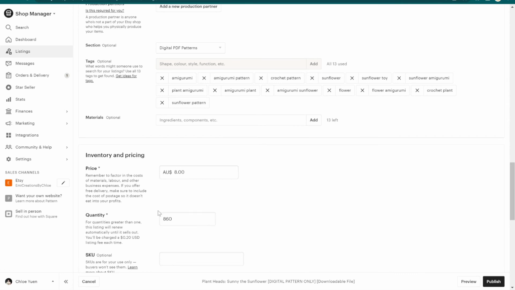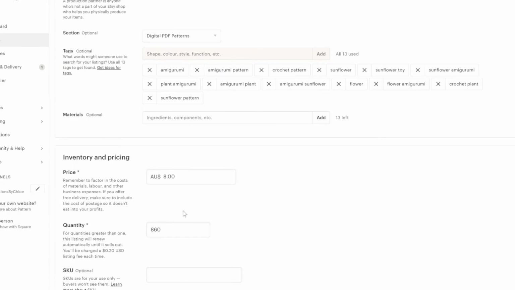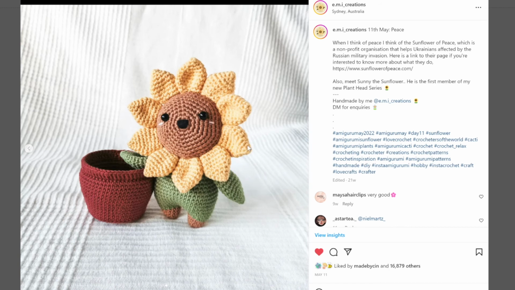I can't really do maths, my maths is really bad, but I think 140 copies of Sunny the Sunflower have been sold on Etsy. And this is only through Etsy. I also received a lot of sales through my own store, and when I add those numbers up, I would say it was close to 200 sales of Sunny the Sunflower within 5 months. And I think that's a pretty good number in terms of pattern sales.